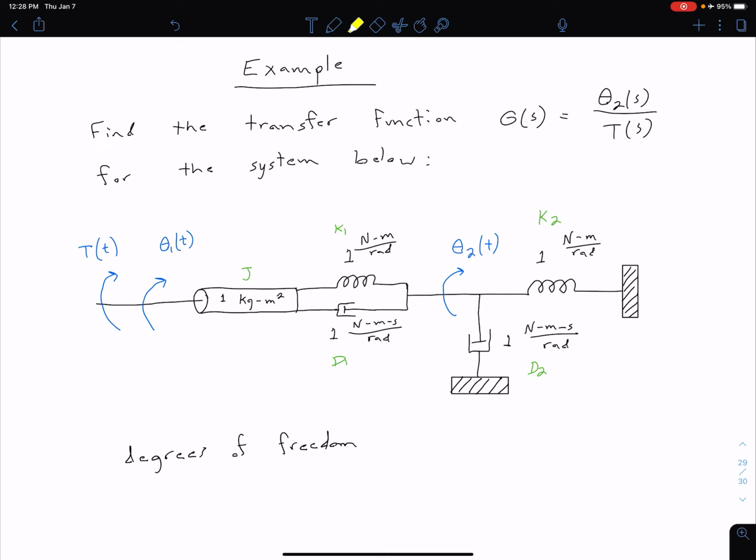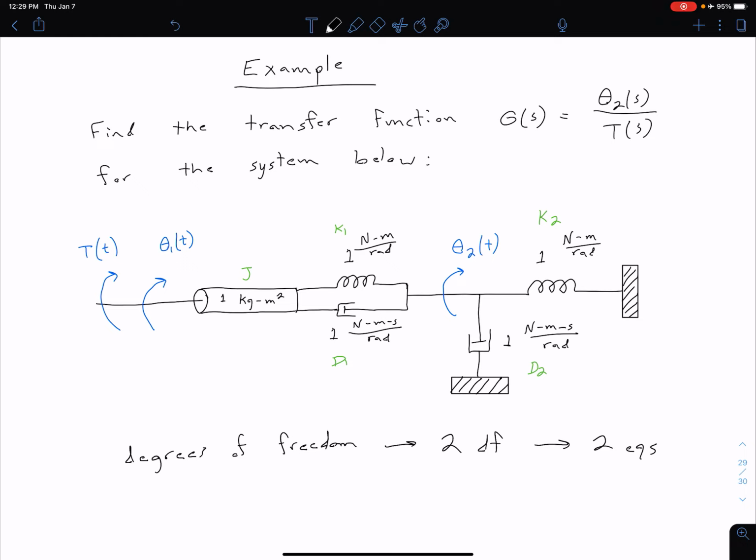If so, that adds a degree of freedom. For this system, if we hold this inertia still here, then we can still rotate this point over here where theta 2 is. And vice versa, if we're holding theta 2, we can still rotate our inertia over on the left. So we have 2 degrees of freedom, and of course that means we need 2 equations.